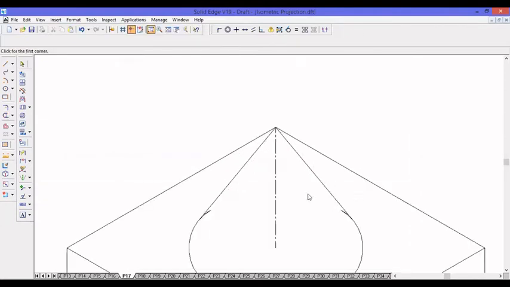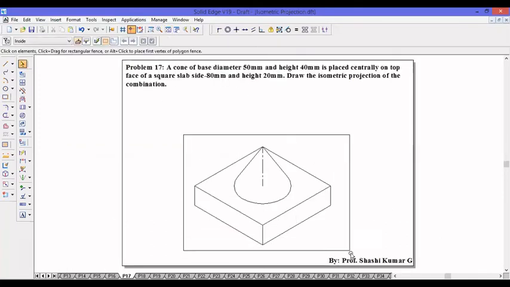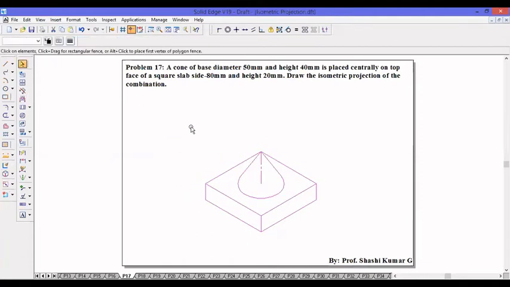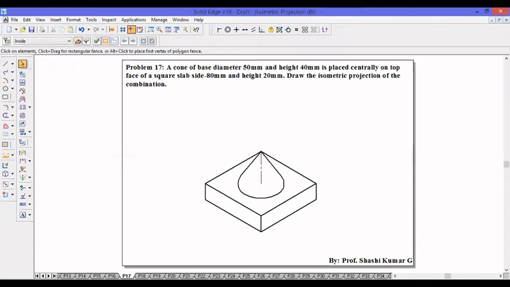Take zoom and give finishing. Take scale, isometric scale 0.8164, and make it thick but not the axis. So this is the solution for example problem number 17.